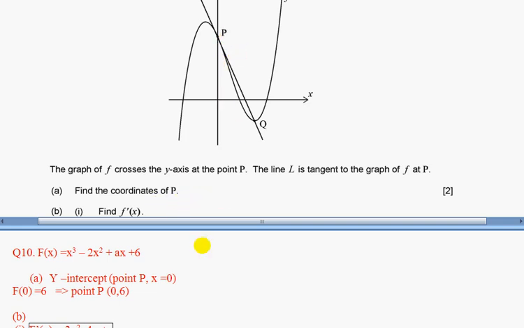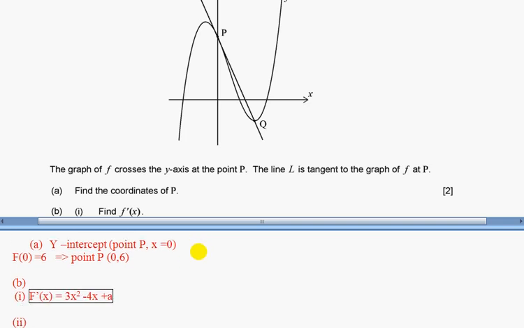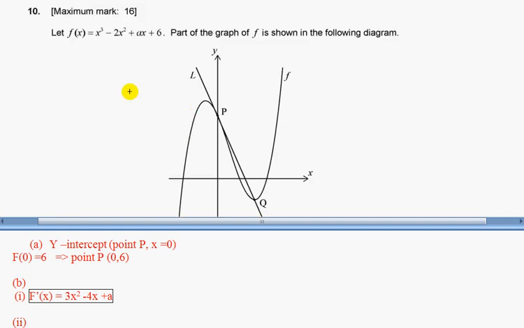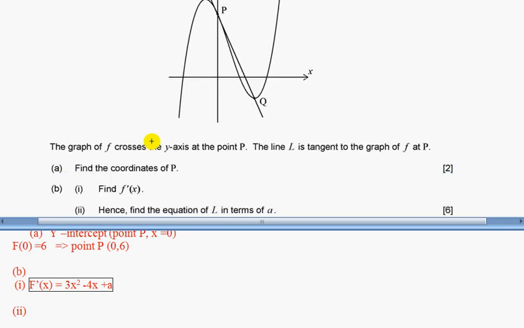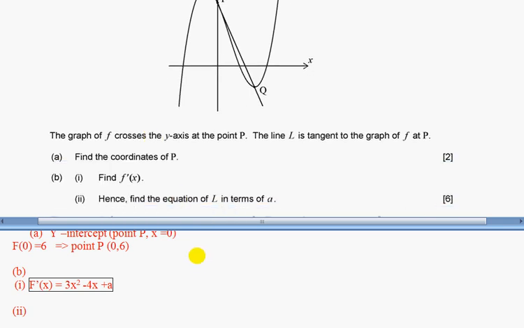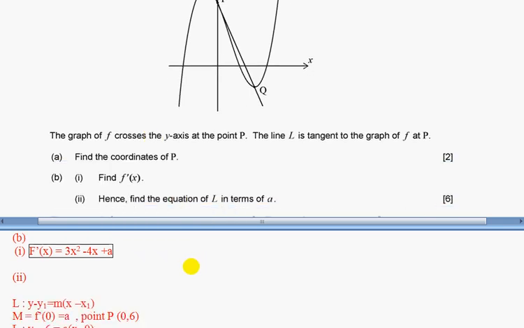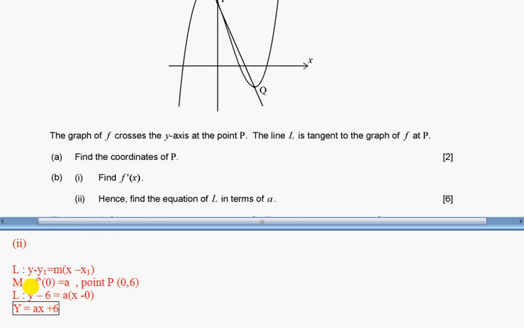Find the derivative of the function. The derivative will be 3x squared minus 2 times 2x minus 4x plus a. Here I gave you. Hence find the equation of line L in terms of a. The equation of line will look this way.